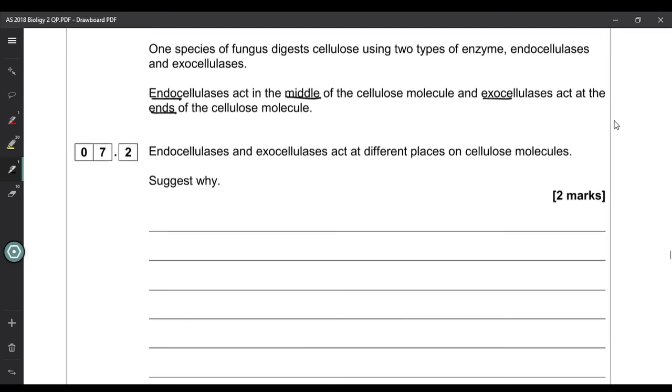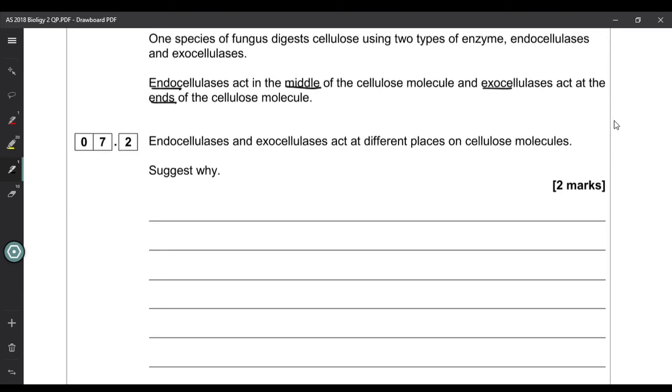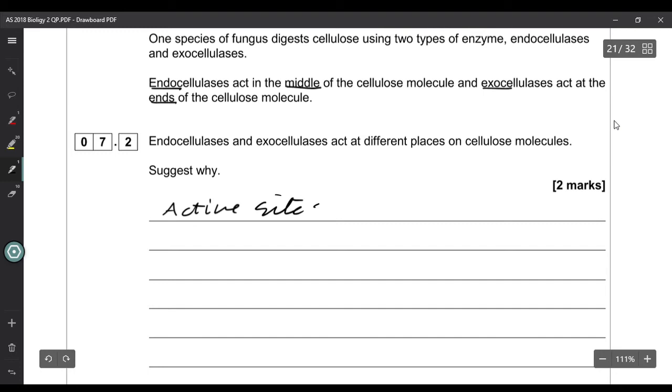Now these are enzymes, and like any enzyme that shows specificity, which these do, whether it be from the end or the middle, it's all to do with the active sites of the enzymes being complementary to the substrate and having specific shapes that will bind those substrates. So it's exactly the same here. So we can say that the active sites of the molecules are different shapes.